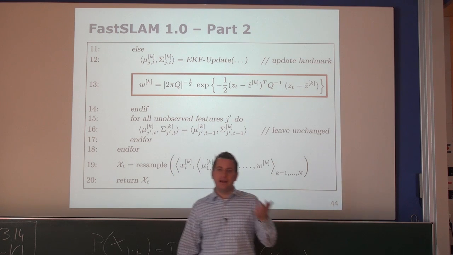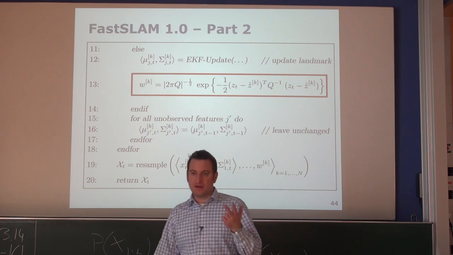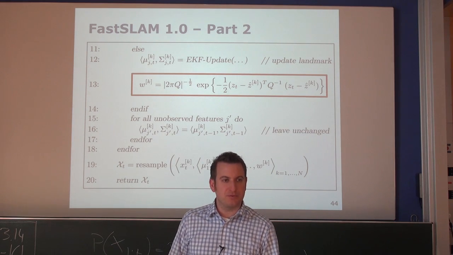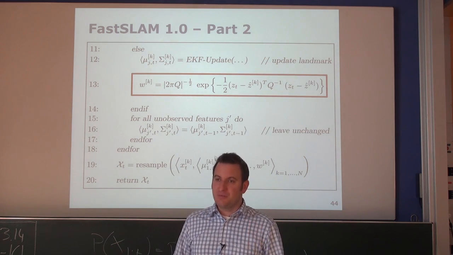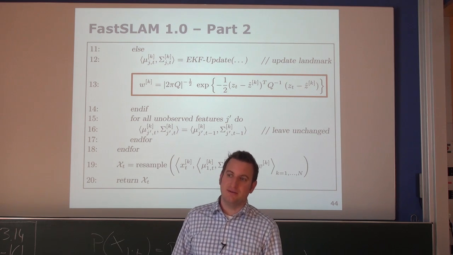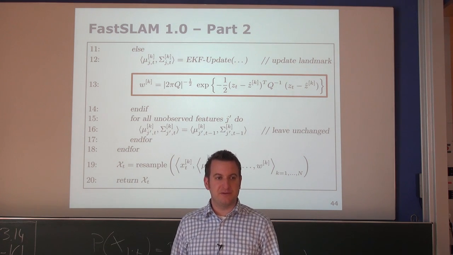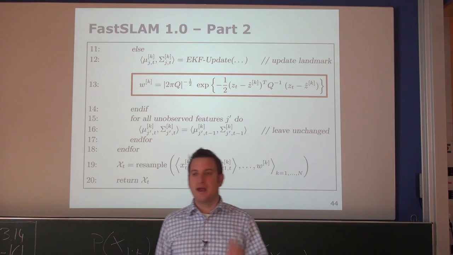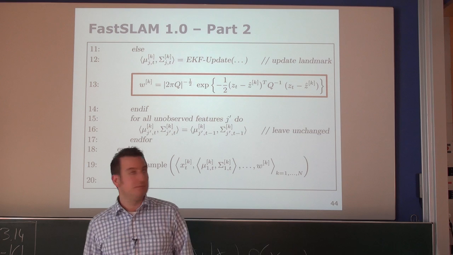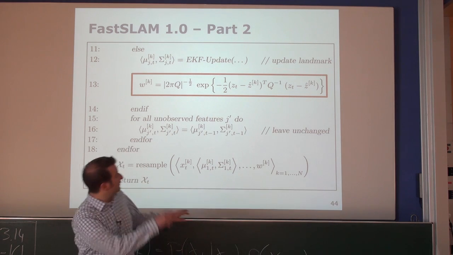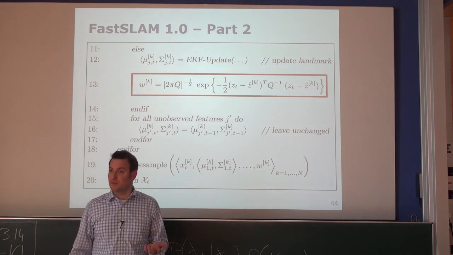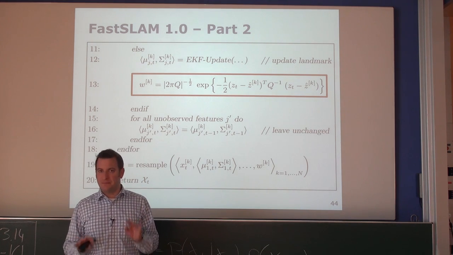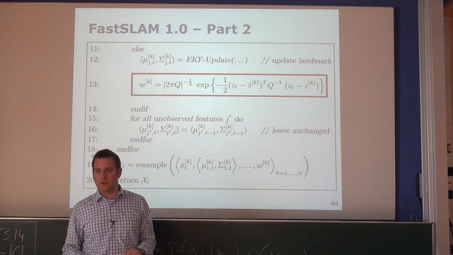And as the landmarks are independent of each other, given I know where the system was during the mapping process, I can use small, tiny 2x2 Kalman filters, or extended Kalman filters, to represent the location of the individual features for every single particle. And this is this EKF update step, which I then do. And this is kind of the whole magic of basic FastSLAM 1.0.